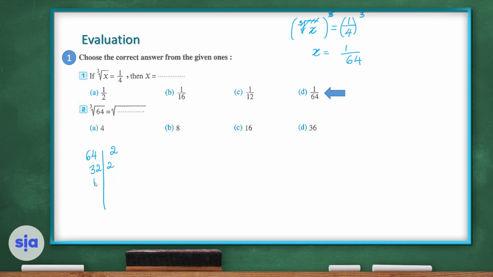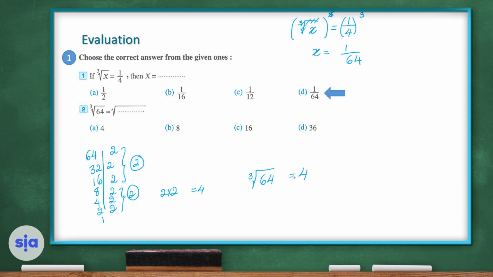Divided by 2 is 16. Divided by 2 is 8. Divided by 2 is 4. Divided by 2 is 2. Divided by 2 is 1. Then we have 3 2's, and we have another 3 2's. So 2 times 2, which is 4. Then the cubic root of 64 equals 4.